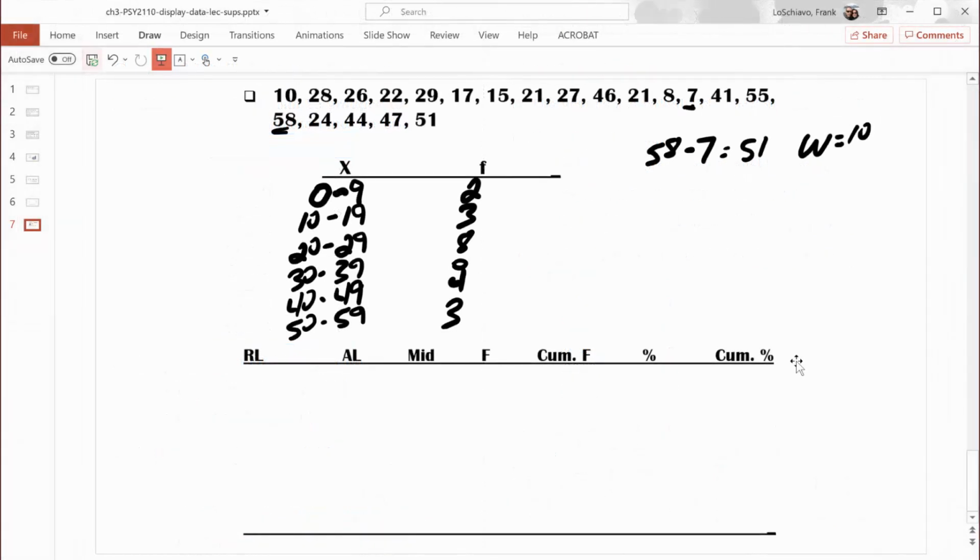Most of the columns that you see here are columns that you're already familiar with. Cumulative percentage, percentage, cumulative frequency, frequency, real limits. What are apparent limits? The apparent limits are the limits of an interval as they appear. They're simply the limits of the interval, like this interval right here, as they appear.